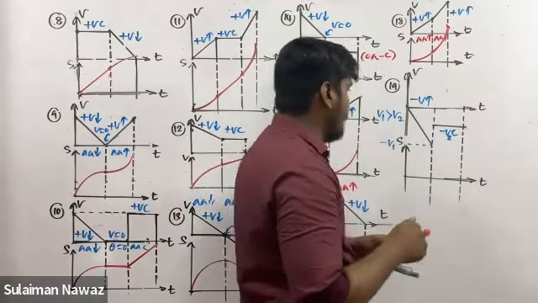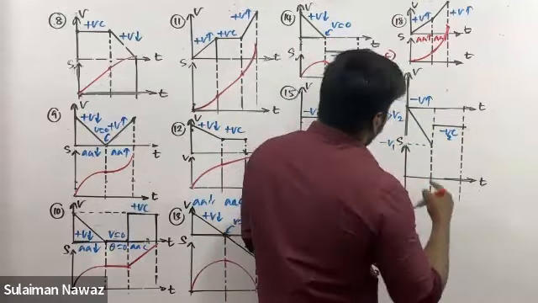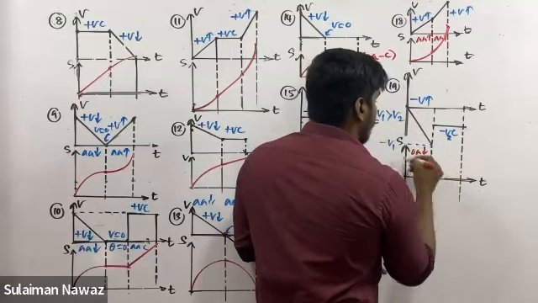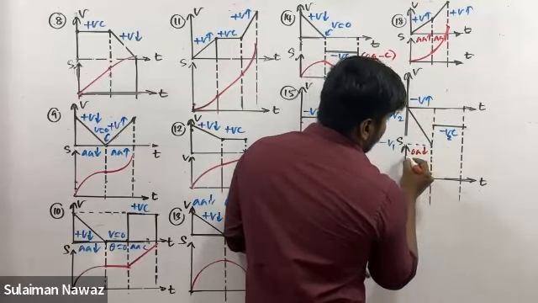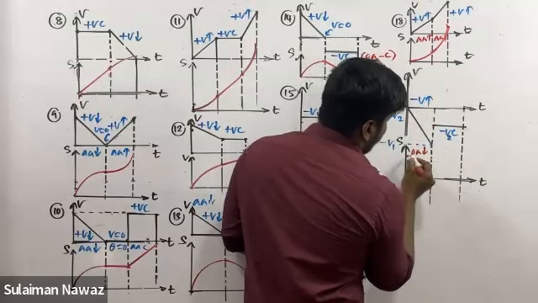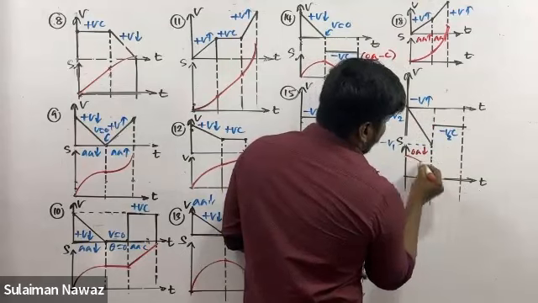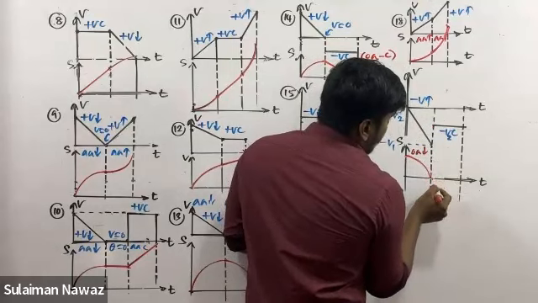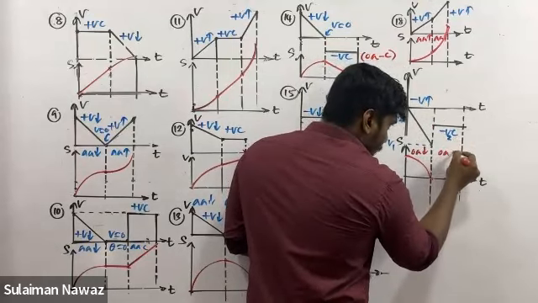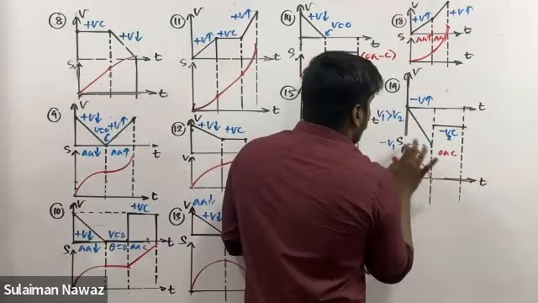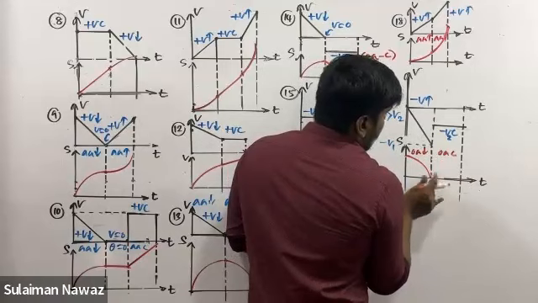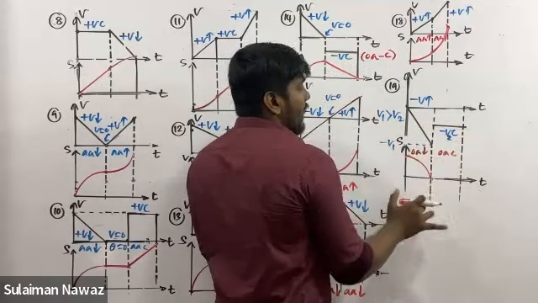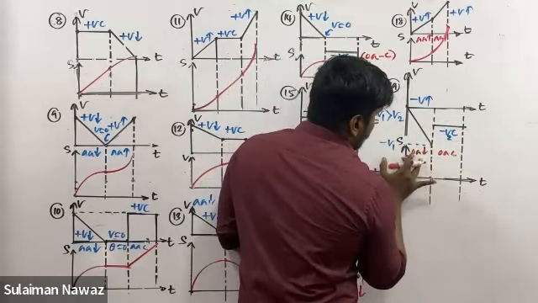Then negative velocity increasing means obtuse angle decreasing. Negative velocity constant means obtuse angle constant. But now the obtuse angle must be larger, right? Because the smaller the negative velocity, the larger the obtuse angle.